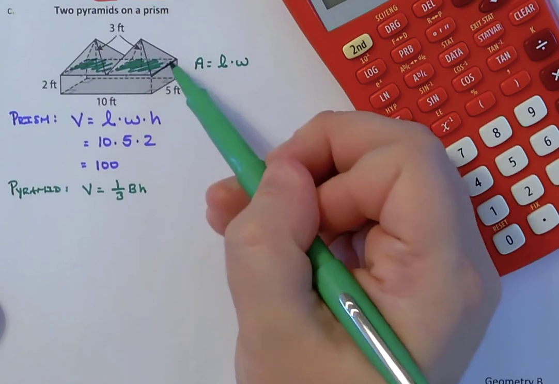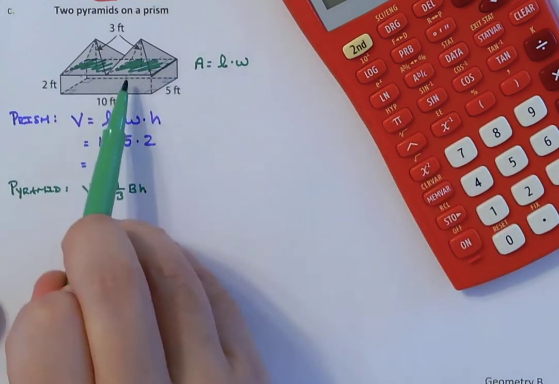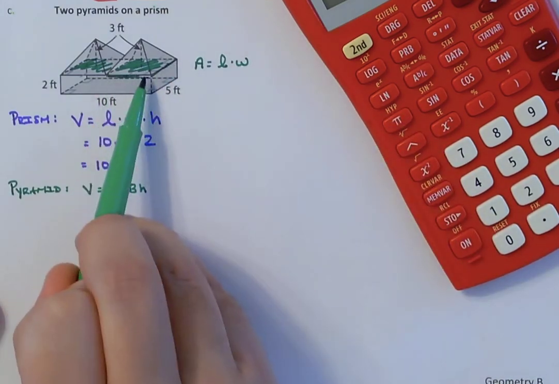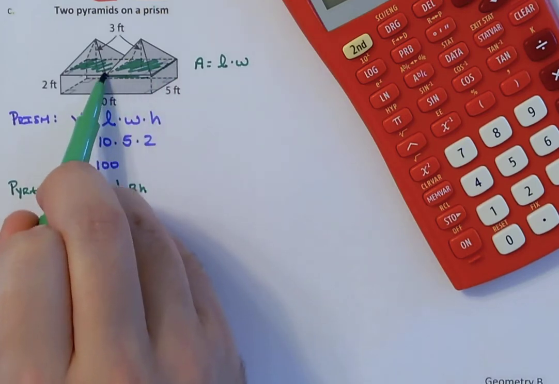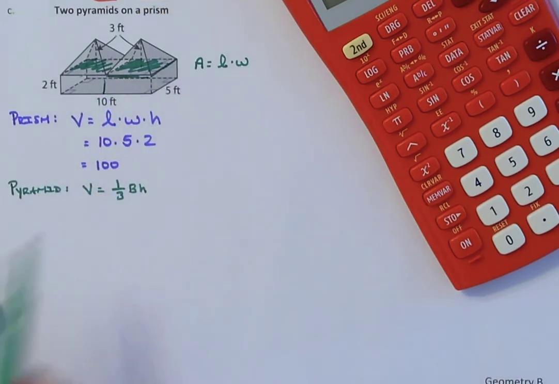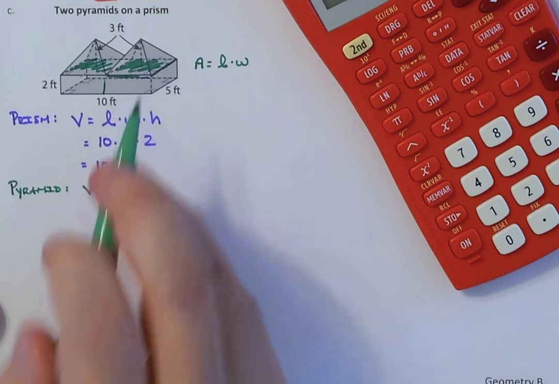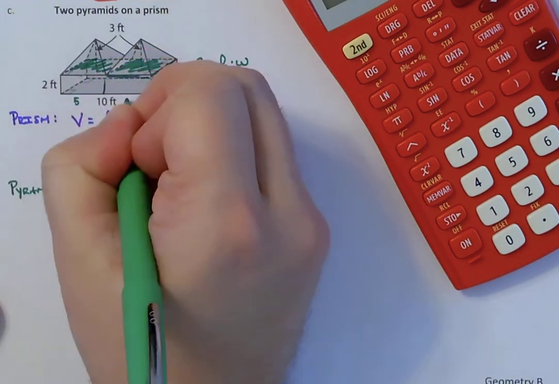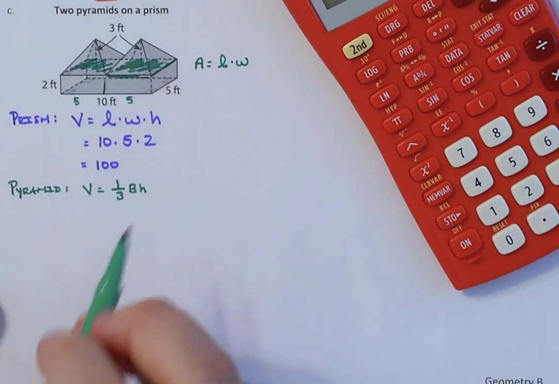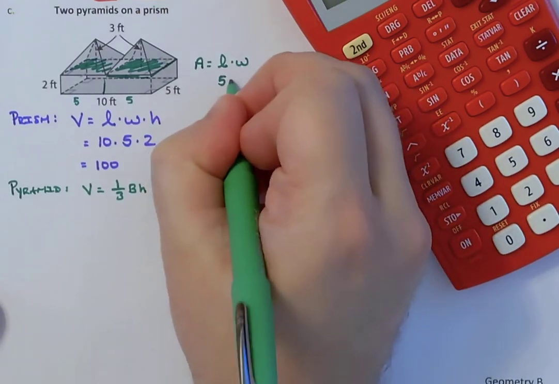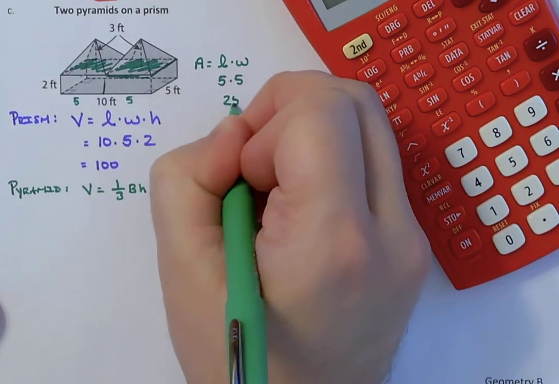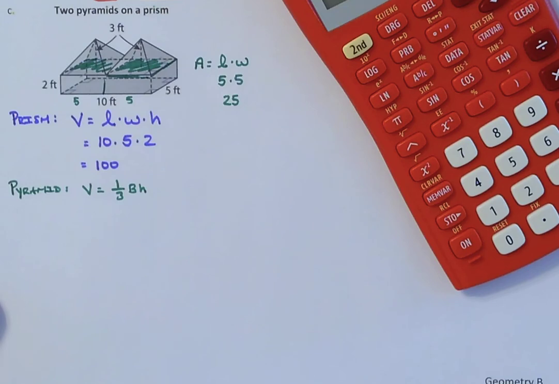This side right here is 5, and this side right here, because we're cutting it in half, is also 5. So it's going to be 5 times 5, which gives us 25.